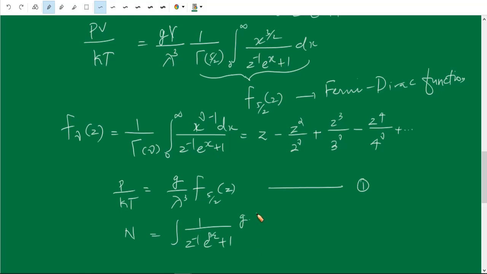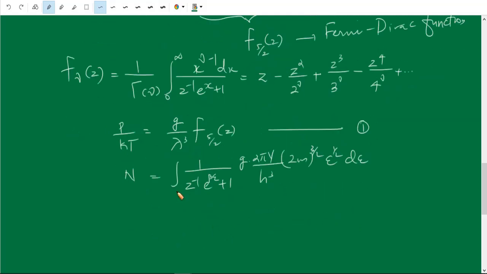So g 2 pi V divided by h cube, 2m raised to 3/2, E raised to half dE, from 0 to infinity.